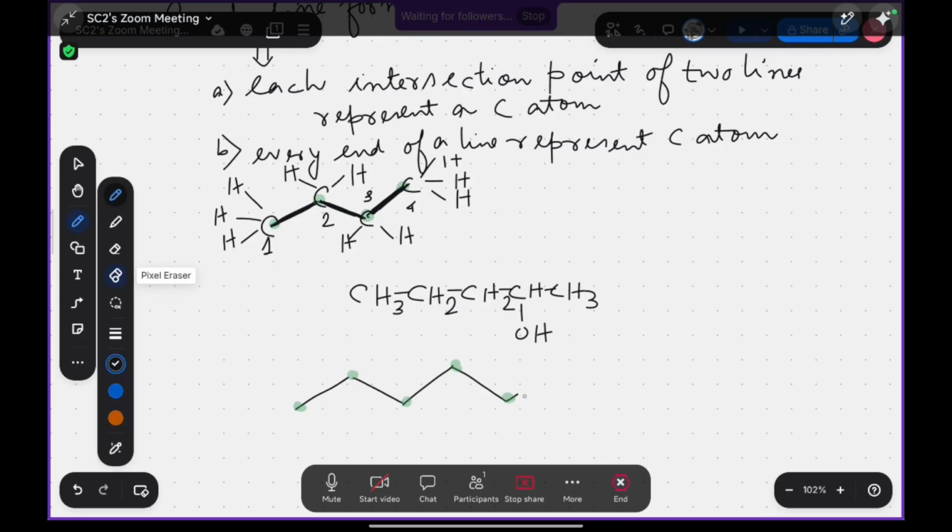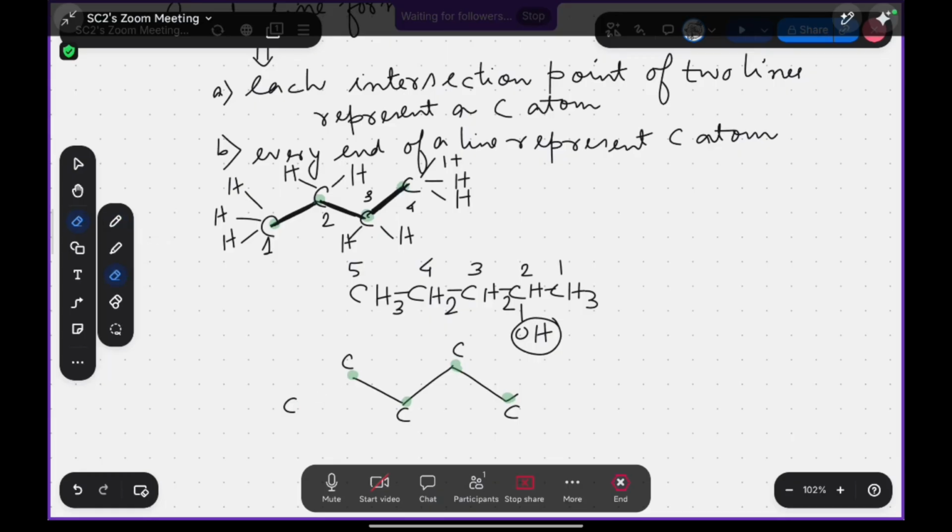So see, we are having 5 carbons: 1, 2, 3, 4, 5. And what is happening? We are having the hydroxy, the OH functional group at the second position. With the second carbon, we are having the OH group. So just represent OH in that way.